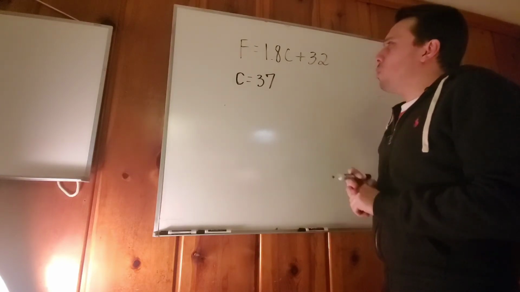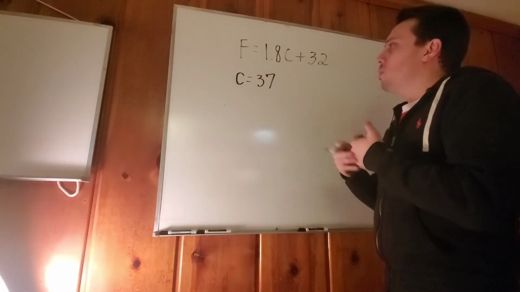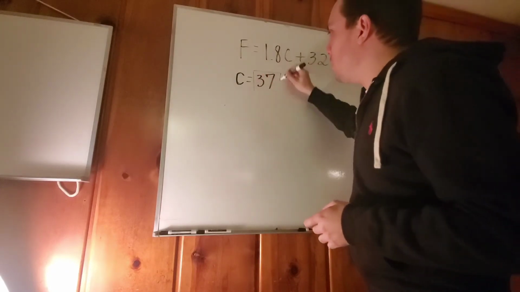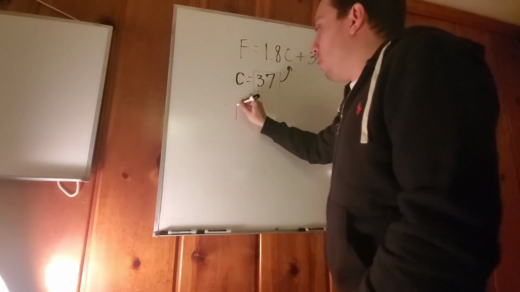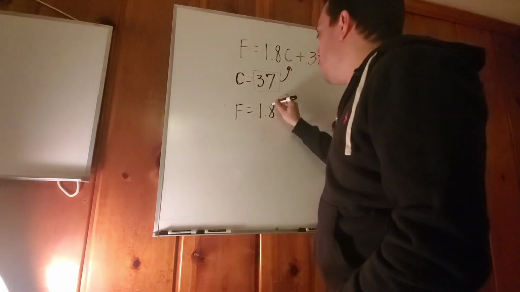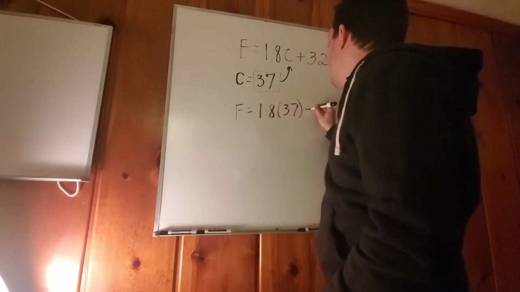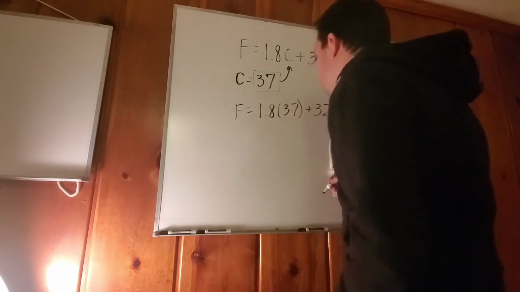So what we need to know is what to do. The first thing that we have to do is put this 37 right here instead of the C. And so it would be Fahrenheit equals 1.8 times 37 plus 32.